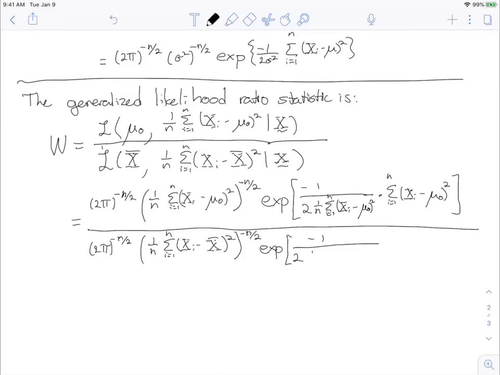So for sigma squared, I'm plugging in 1 over n sum i equals 1 to n xi minus x bar squared. And then that is multiplied by sum i equals 1 to n xi, and in the expression at the top I have a mu. For the denominator, I'm evaluating the likelihood at mu equals x bar.